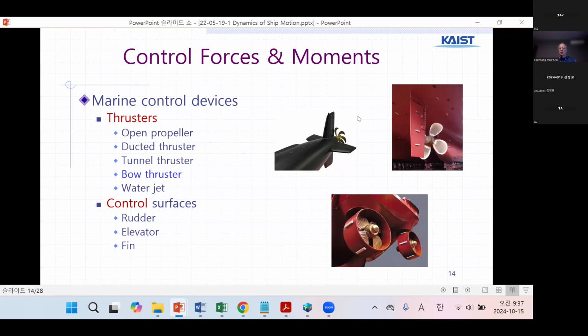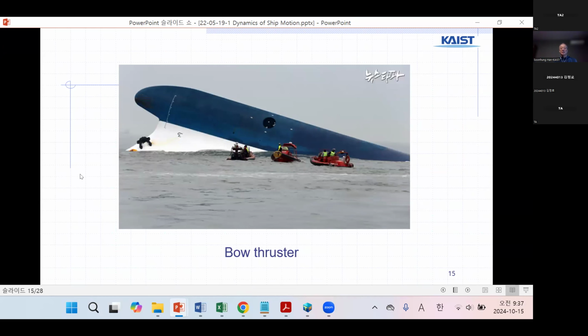You will see in another class why the propeller is skewed. Skewed means curved like this. There's a reason, and this is coming from the Sewol disaster. But you can see that black circular hole at the bottom of the ship. This is a bow thruster tunnel.